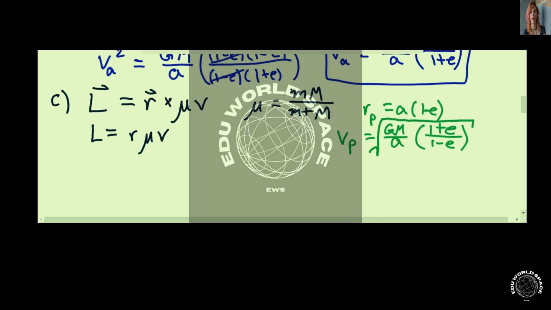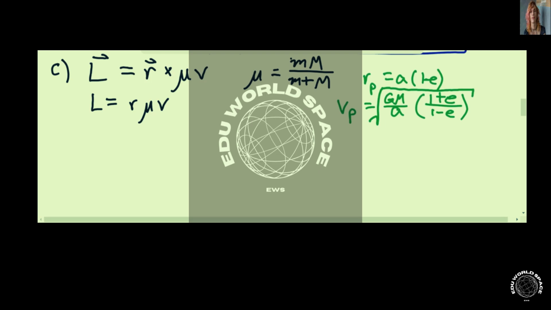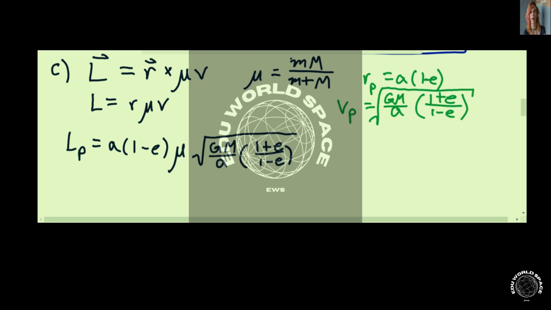So if we take those things and substitute them into r mu v, what we get is the angular momentum at perihelion, which we know is the same as the angular momentum everywhere throughout the orbit, since angular momentum is conserved, equals the r we're going to replace with a times 1 minus e for perihelion, times mu, times that velocity at perihelion, which is what we've got in green over there, Gm over a times 1 plus e over 1 minus e.